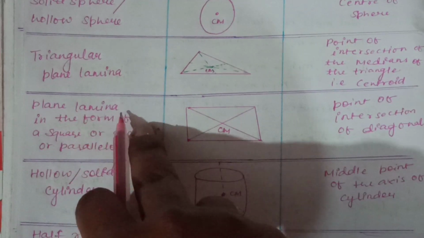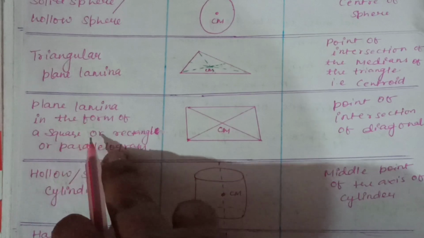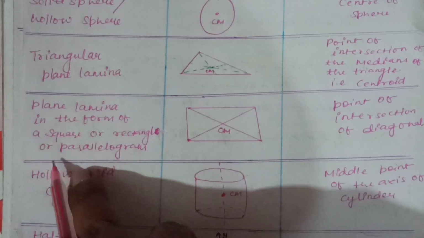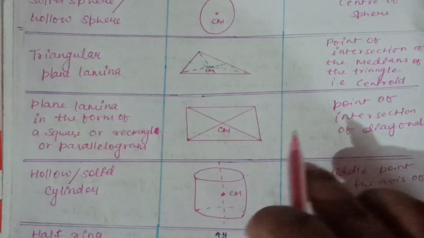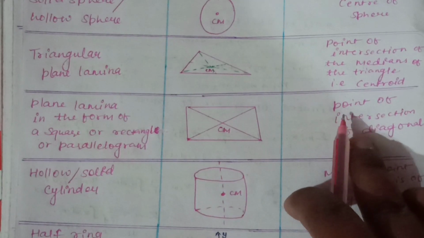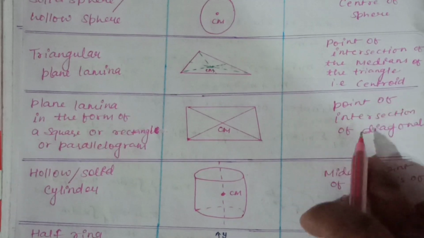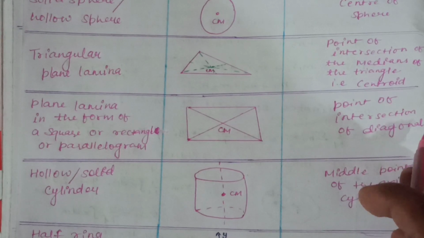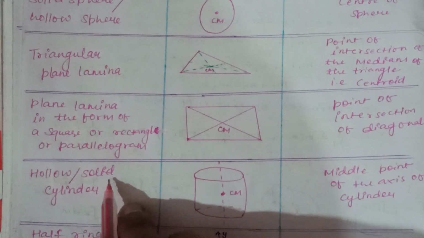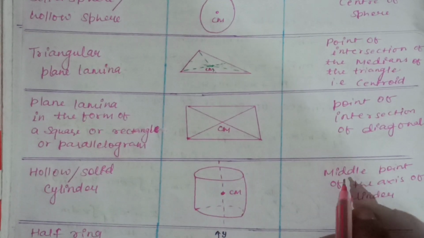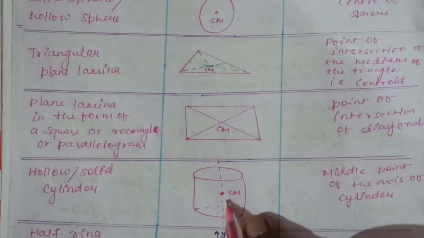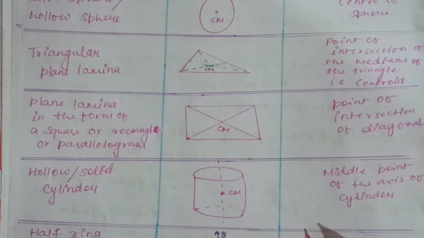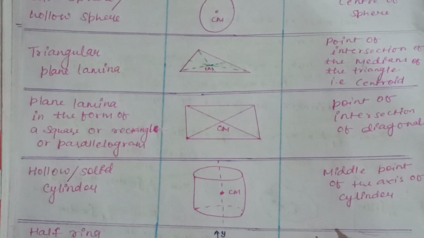Plane lamina in the form of a square, rectangle or parallelogram: center of mass at the point of intersection of diagonals. Hollow or solid cylinder: center of mass at the middle point of the axis of the cylinder.